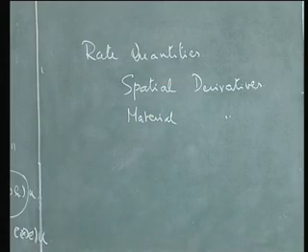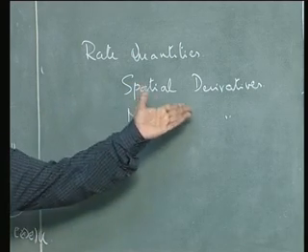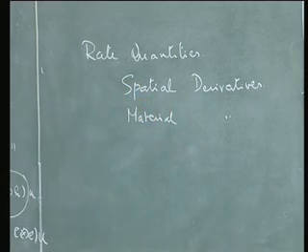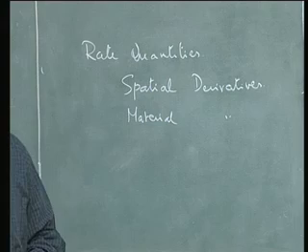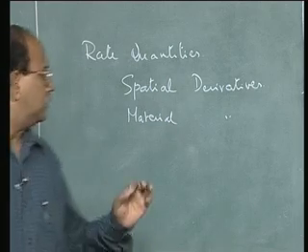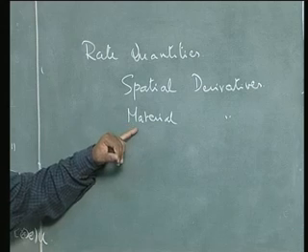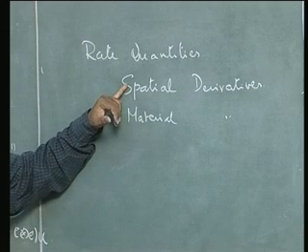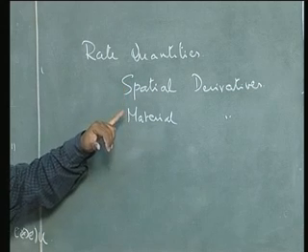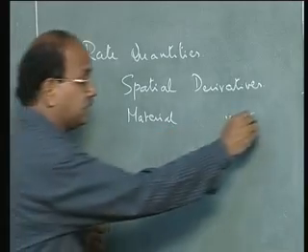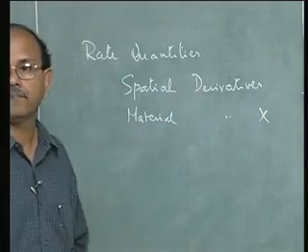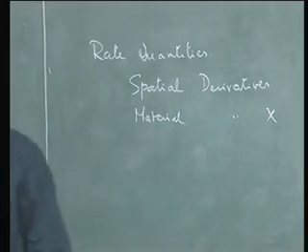What is a material time derivative and a spatial time derivative? The material time derivatives are the derivatives of a quantity keeping capital X a constant. Keeping capital X a constant.